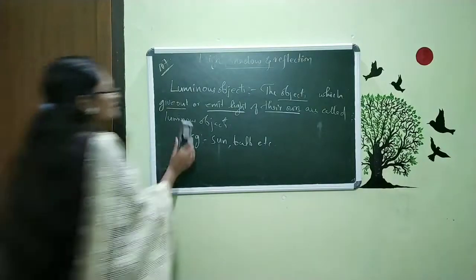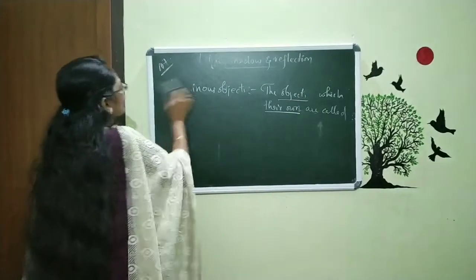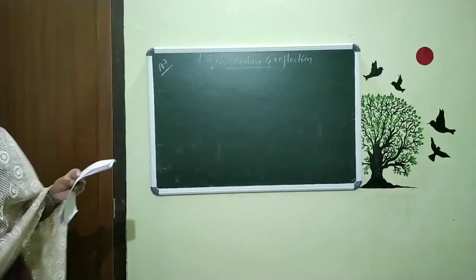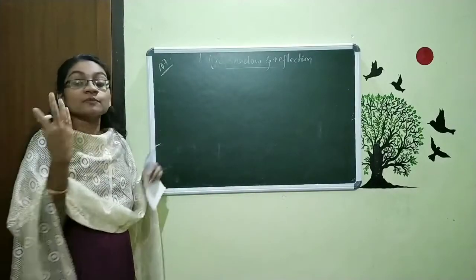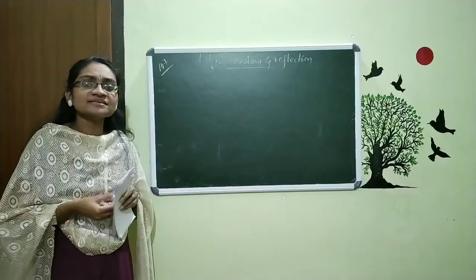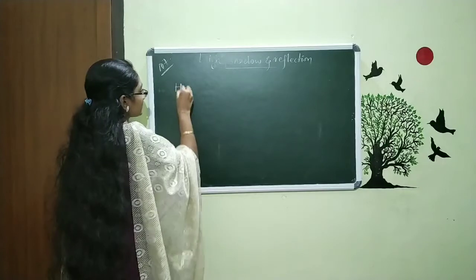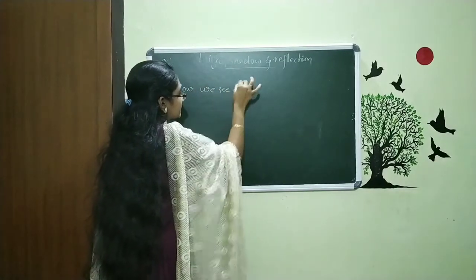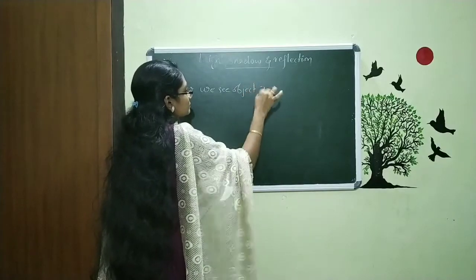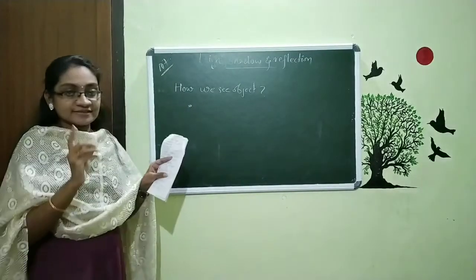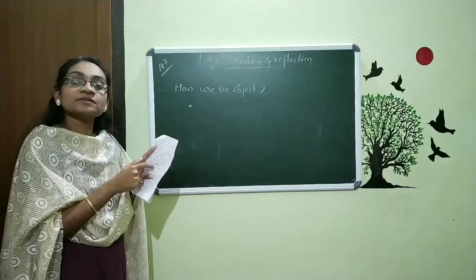Now the next question is this. How are we seeing objects? We already said that with the help of eye, with the help of light, we are seeing the object. That's okay. But how are we seeing the object? For example, how are we seeing this paper?